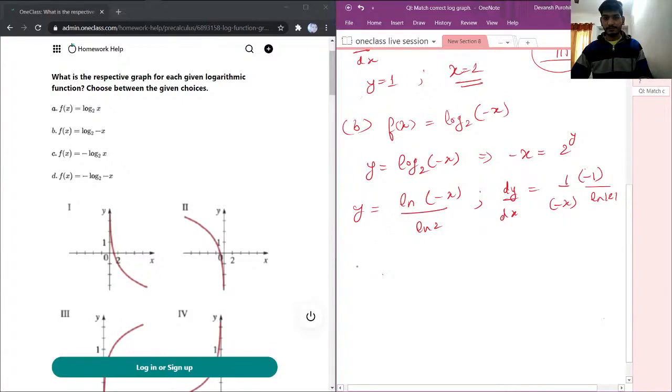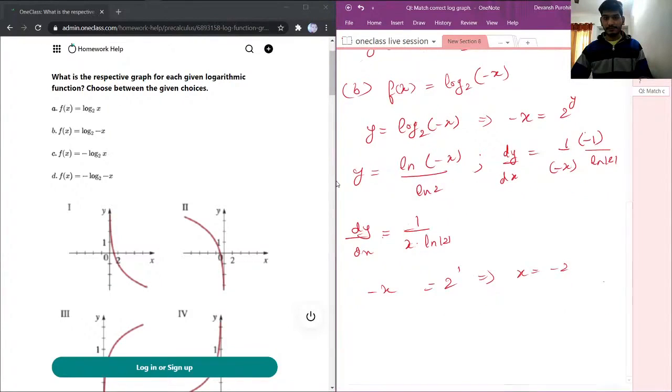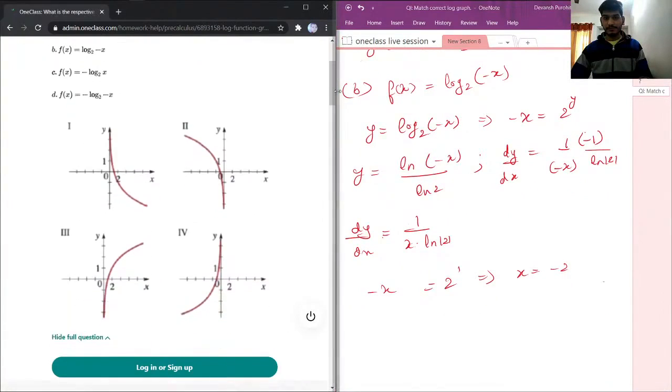So we can see that d over dx is going to be 1 over x times ln 2, and for y equal to 1, 2 power 1 will be negative of x. This implies x will be negative 2. So for positive y, my x is going to be negative, and here my slope is going to be positive.